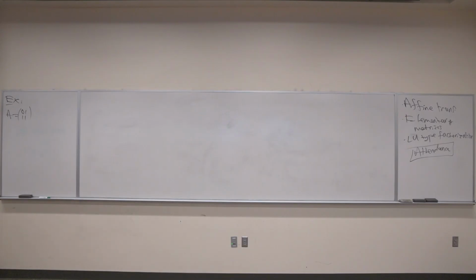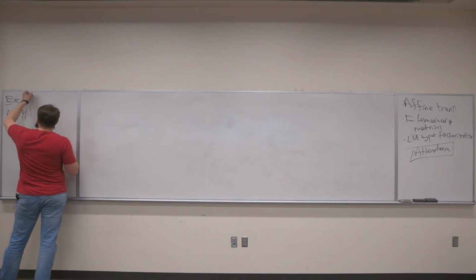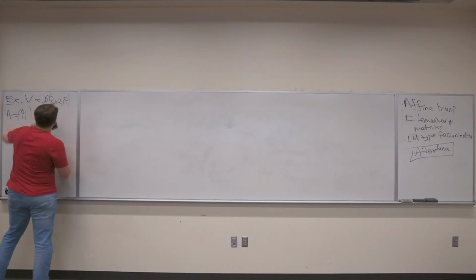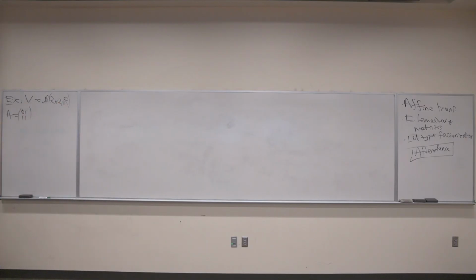So we have a couple of things to discuss. I want to finish discussion of this example that I started talking about yesterday. We were thinking of, as our vector space, the space of 2 by 2s. I took one specific matrix.